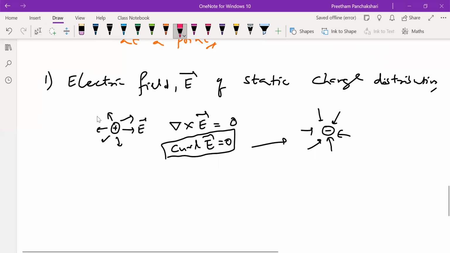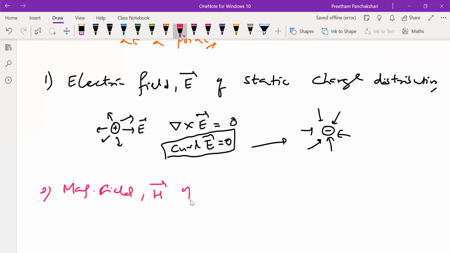On the contrary, if you take the magnetic field H produced by a current I flowing through a conductor, if you consider a current carrying conductor or a wire, then the magnetic field produced around the wire is rotational.